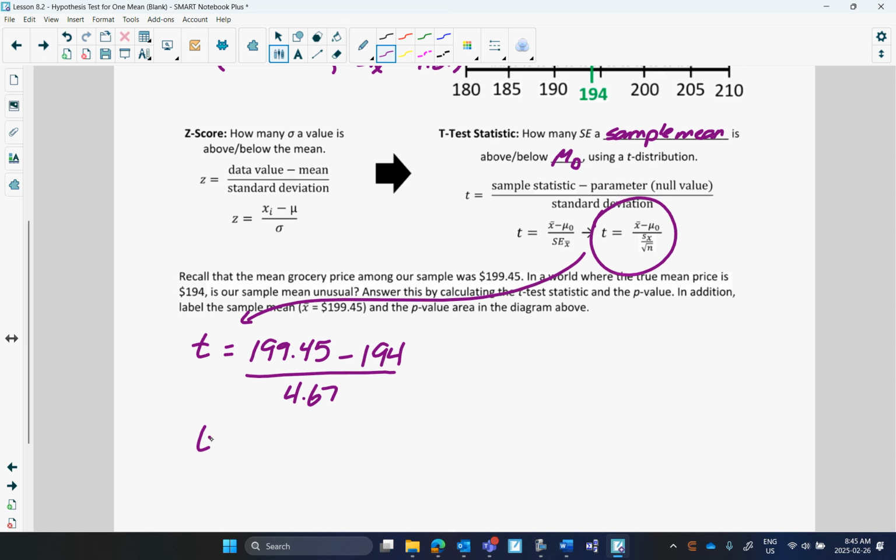And when you calculate that, you're going to get approximately 1.17 standard errors.